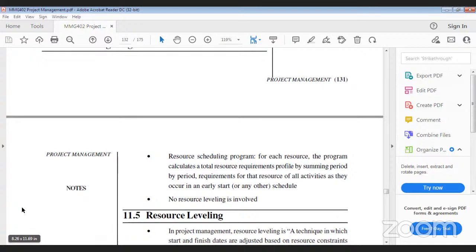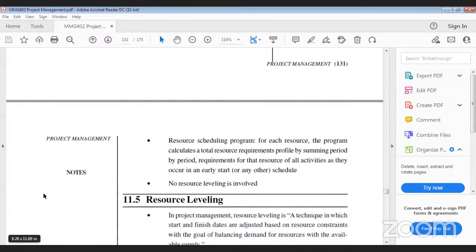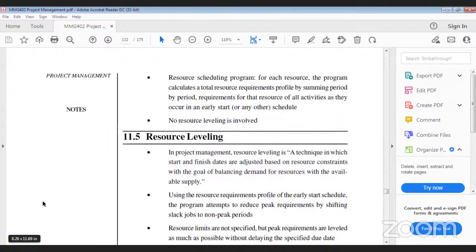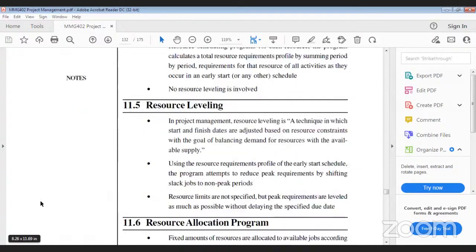Resource leveling in project management is the technique in which start and finish dates are adjusted based on resource constraints with the goal of minimizing slack jobs to non-peak period also.